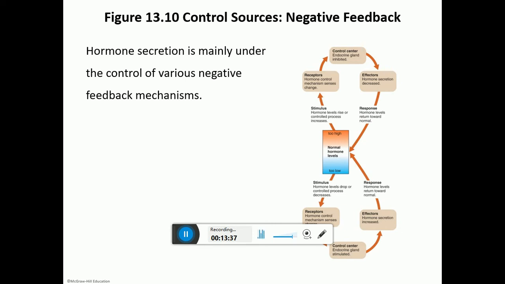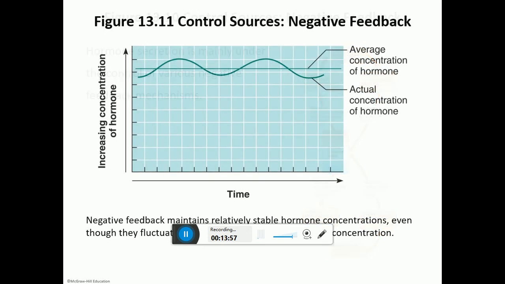The same story goes when the hormone levels are too low. So if the hormone levels are too low, that is picked up by the receptors, and that will stimulate the gland to make more of the hormone in response to that, in order to reach a normal hormone level. Here we can see the negative feedback.